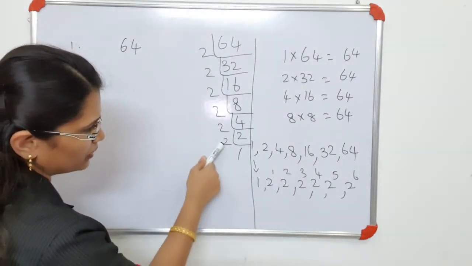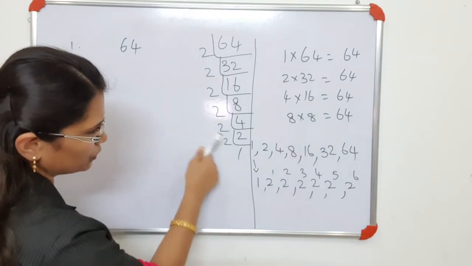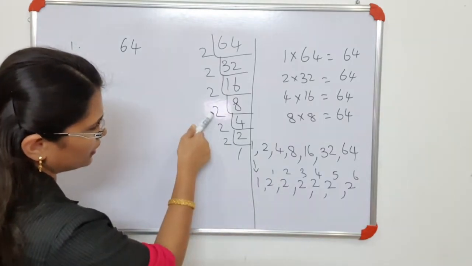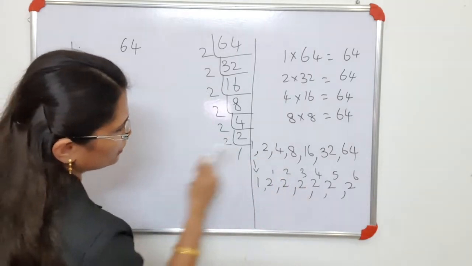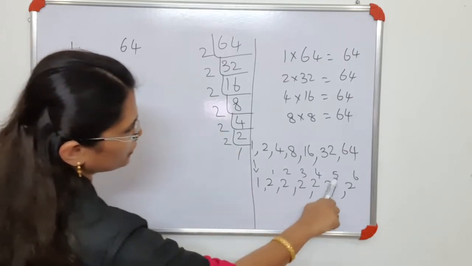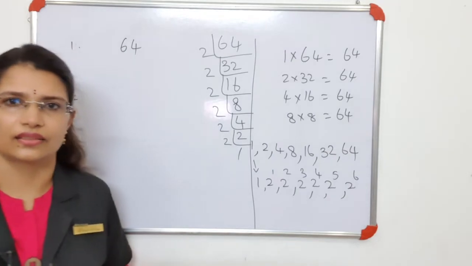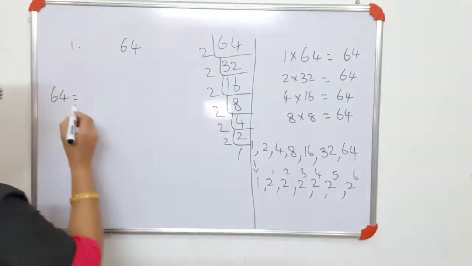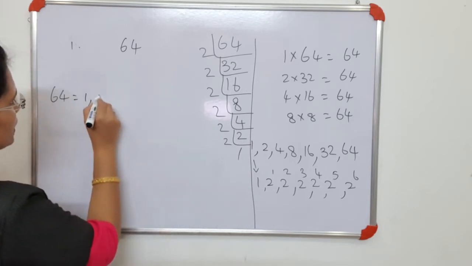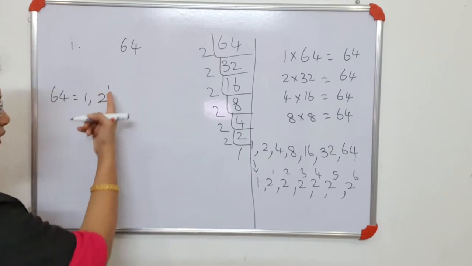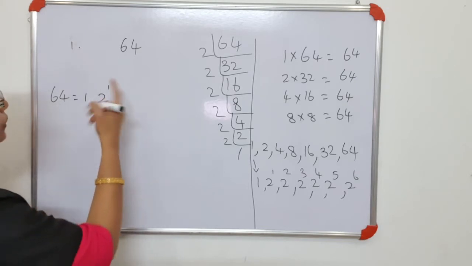1, then 2, then take these 2, so 2 square, then these 3, so 2 cube, these 4 2's, 2 raised to 4, 5 2's, 2 raised to 5, 6 2's, 2 raised to 6. Okay. So here how can you write? 1, this is 1, then 2 raised to 1, no need to write, either you can write 2 or 2 raised to 1.